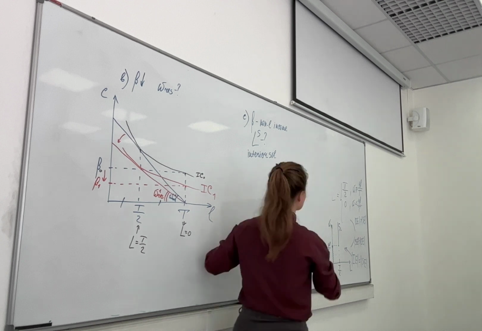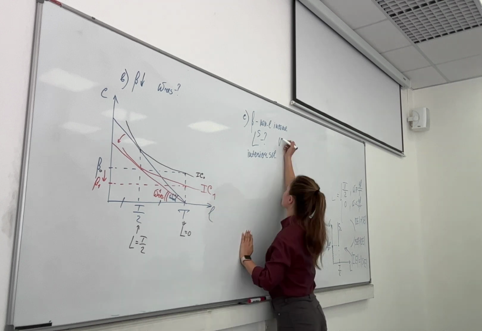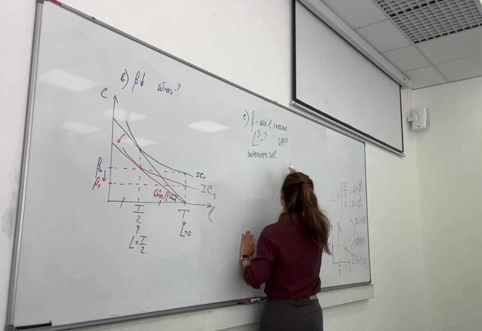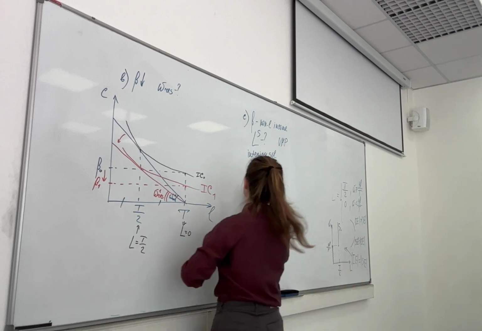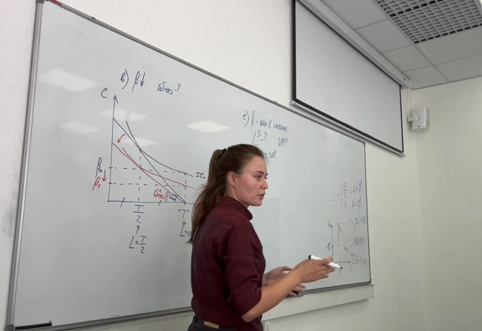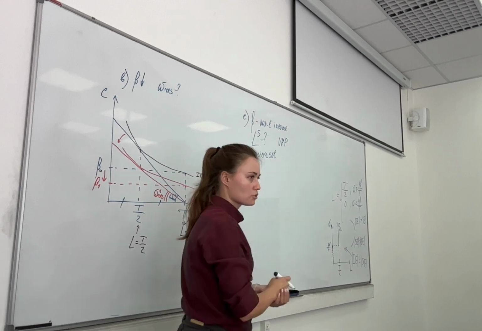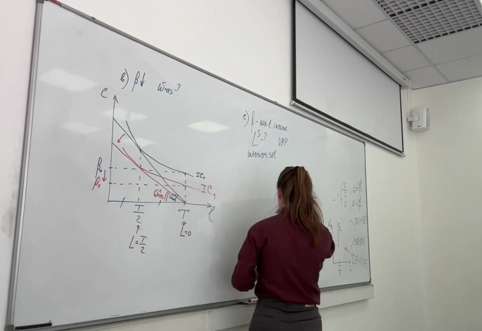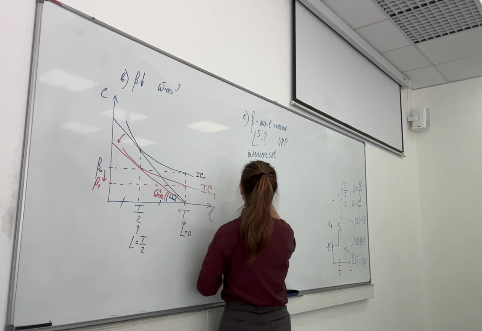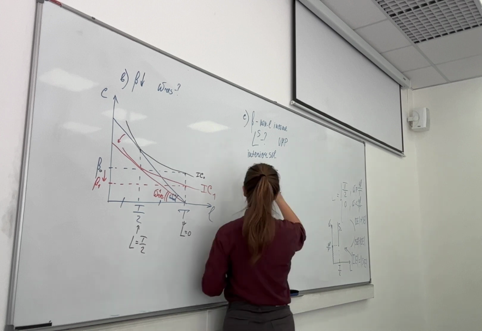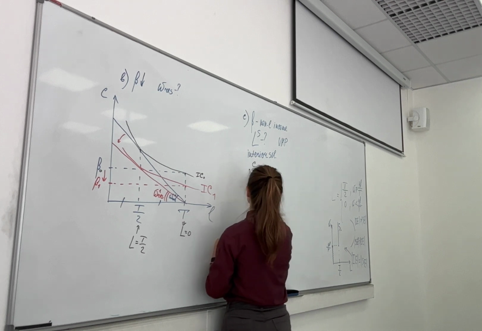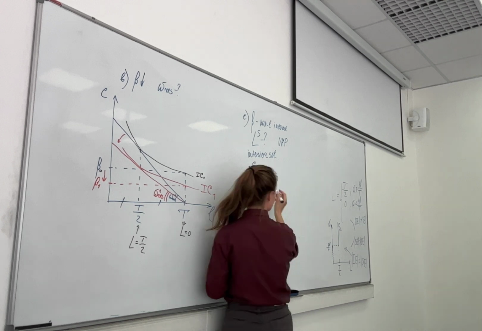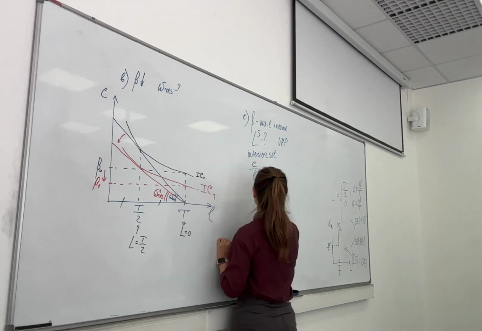we should write down the utility maximization program one more time, but let's skip it. For the interior solution, as always, the marginal rate of substitution should be equal to the price ratio. We know our marginal rate of substitution: it is consumption over leisure, and this is our wage.